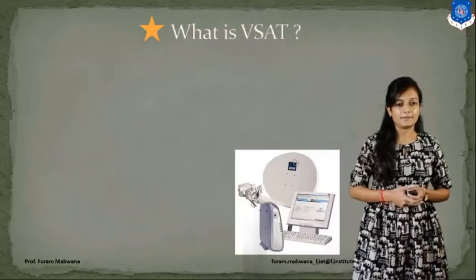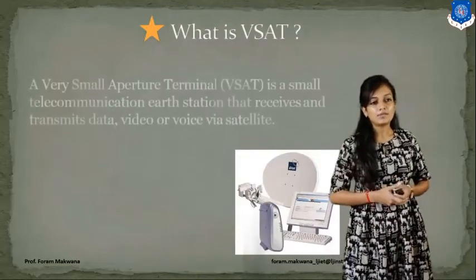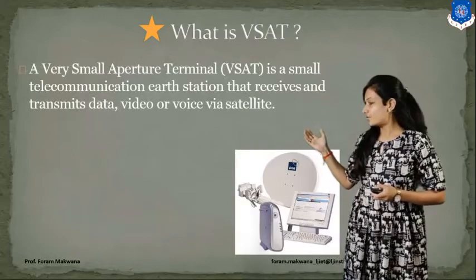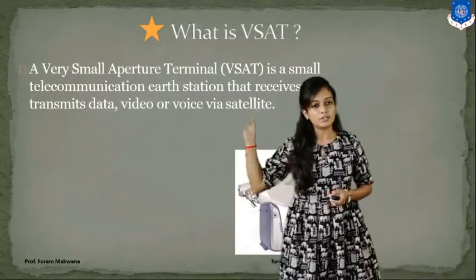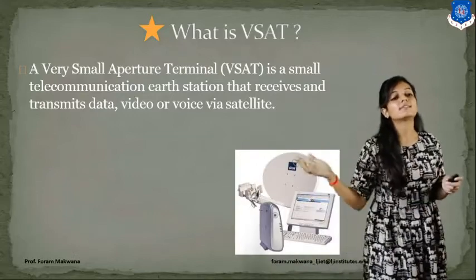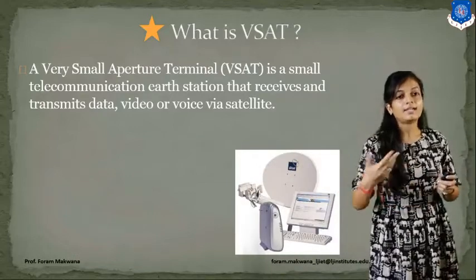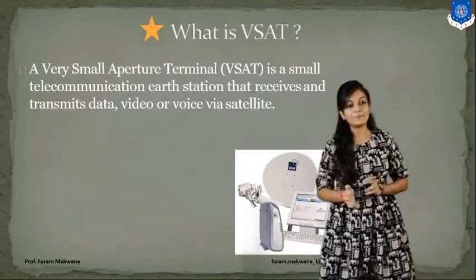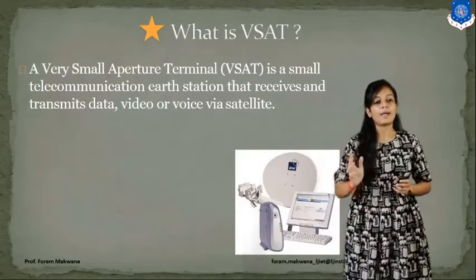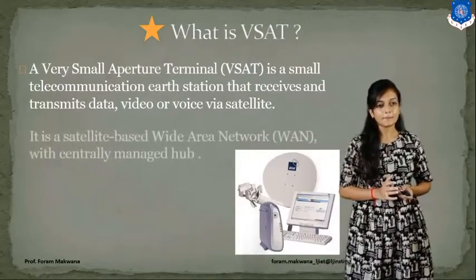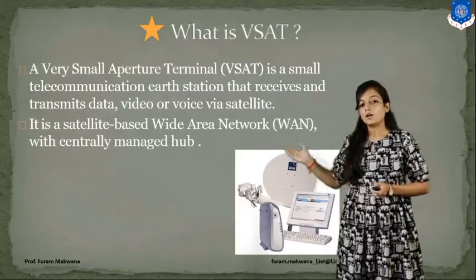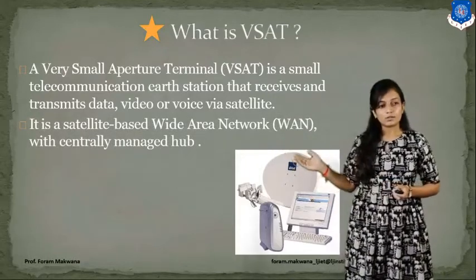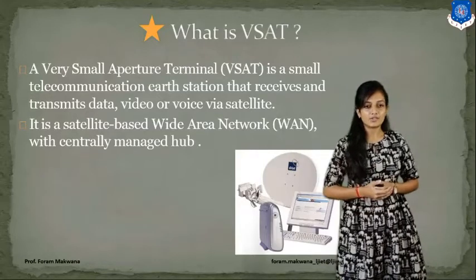Now, what is VSAT? The full form of VSAT is Very Small Aperture Terminal, which is a small telecommunication earth station that receives and transmits data. It can be in the form of video and audio, but via satellite. So it is a satellite based wide area network with a centrally managed hub.